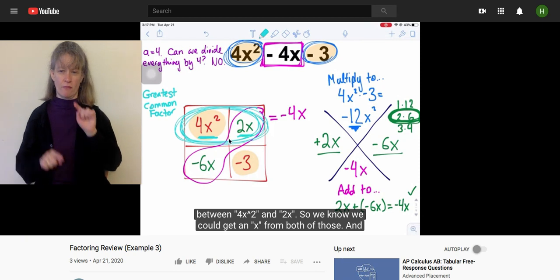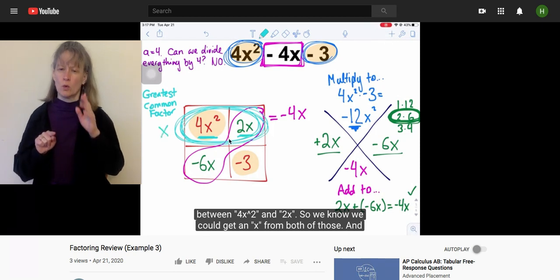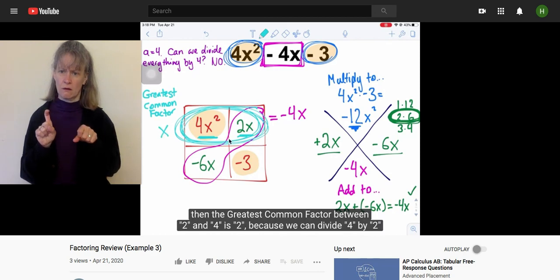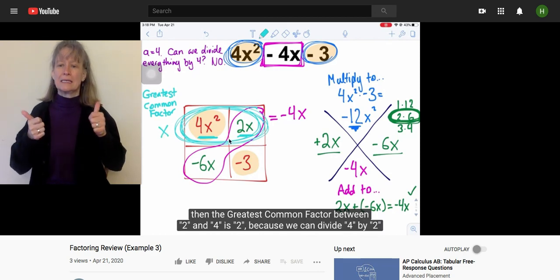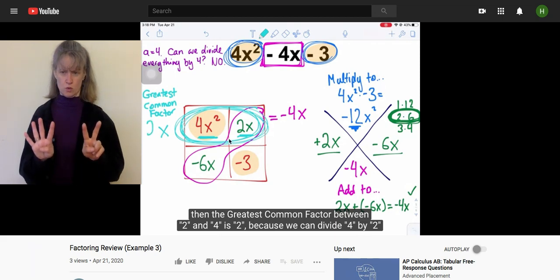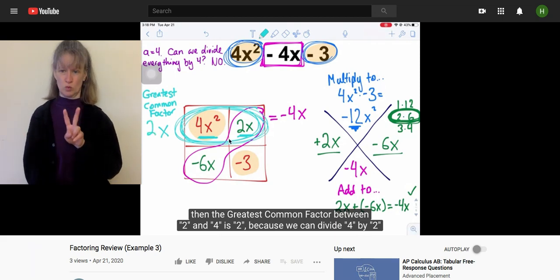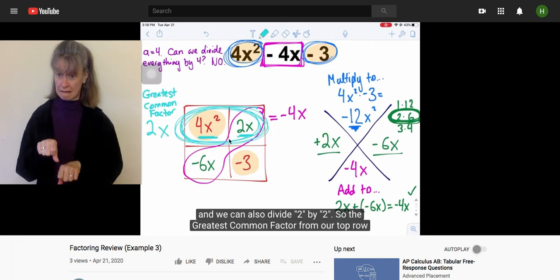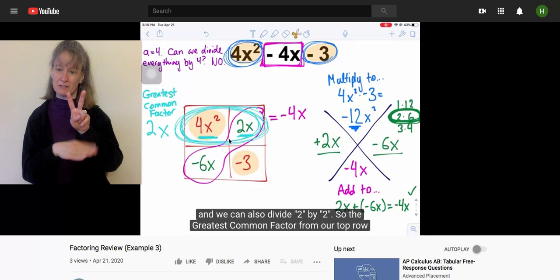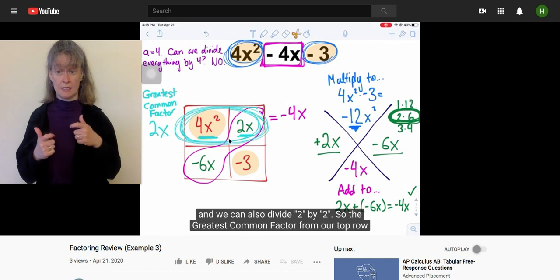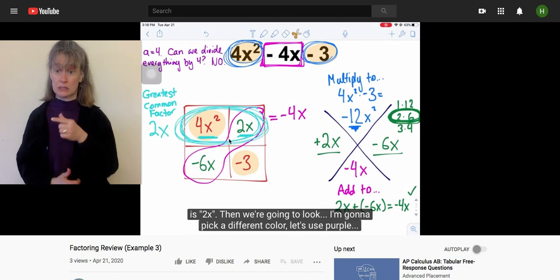So we know we could get an x from both of those. And then the greatest common factor between 2 and 4 is 2, because we can divide 4 by 2 and we can also divide 2 by 2. So the greatest common factor from our top row is 2x.